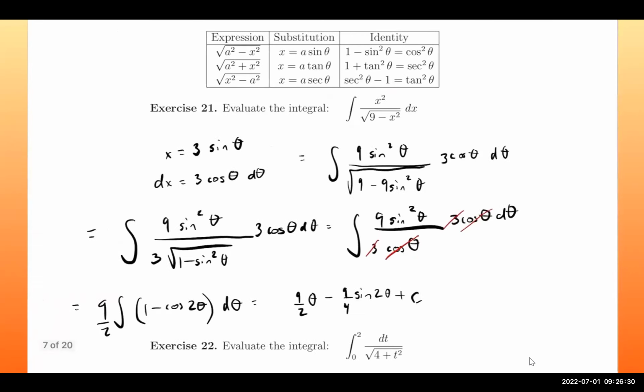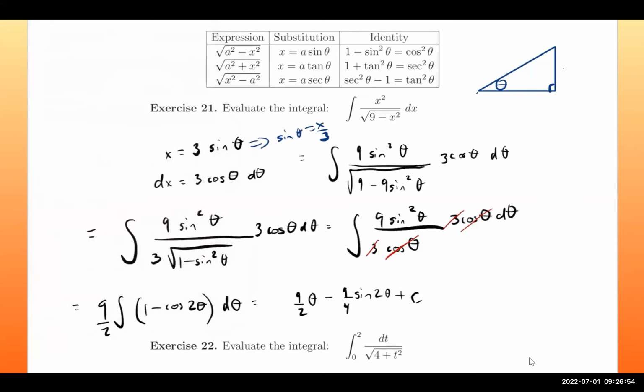So in order to write things back in terms of x, it's a good idea to draw a triangle here, a right triangle, and label it. There's your theta. And because of our substitution, that means that sine theta is x over 3 if you divide both sides by 3. And then you can label your right triangle.